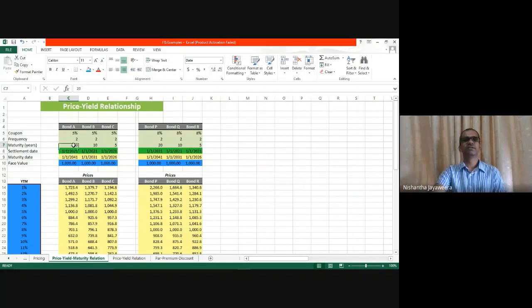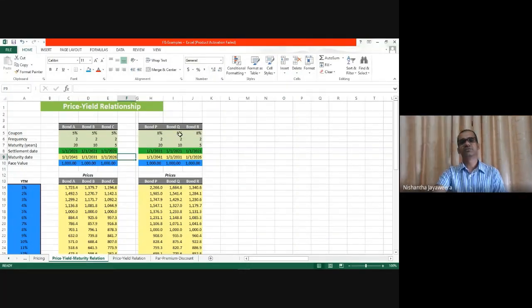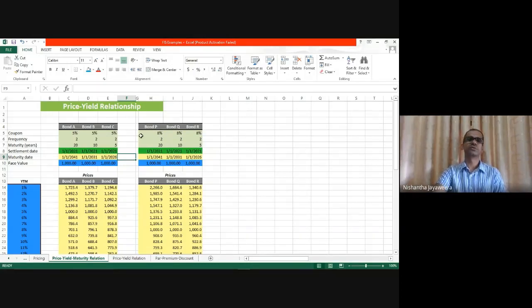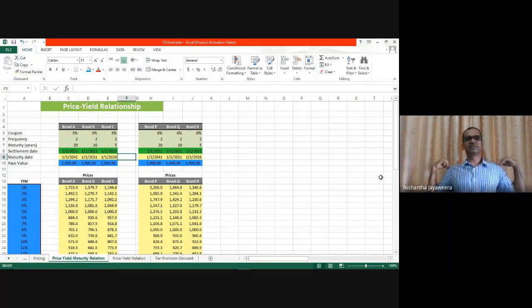Otherwise, when you change the maturity period, you have to change the maturity dates. Try different coupons, or you can plot these two in one graph and see what's the difference.